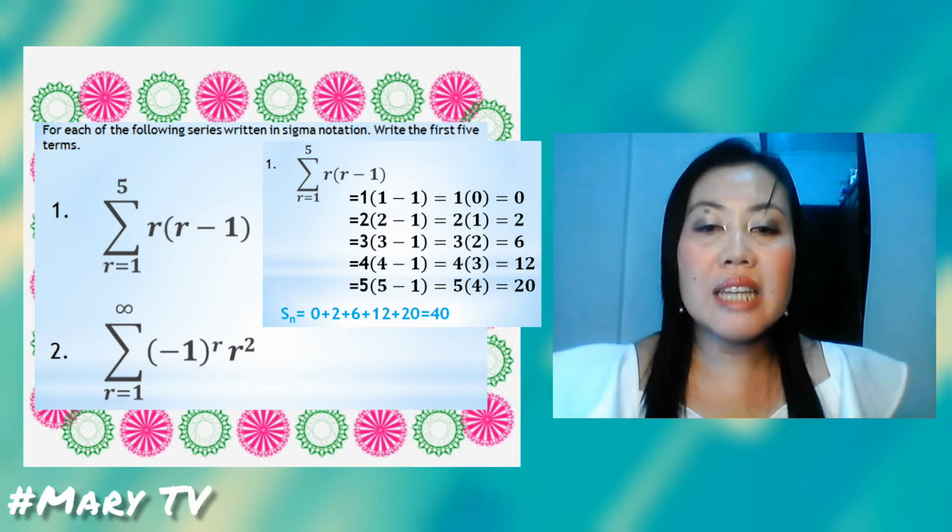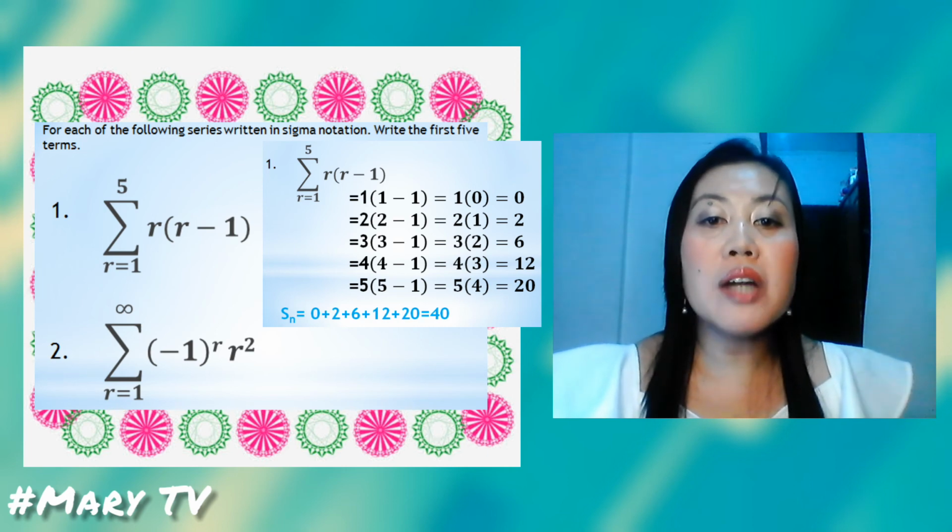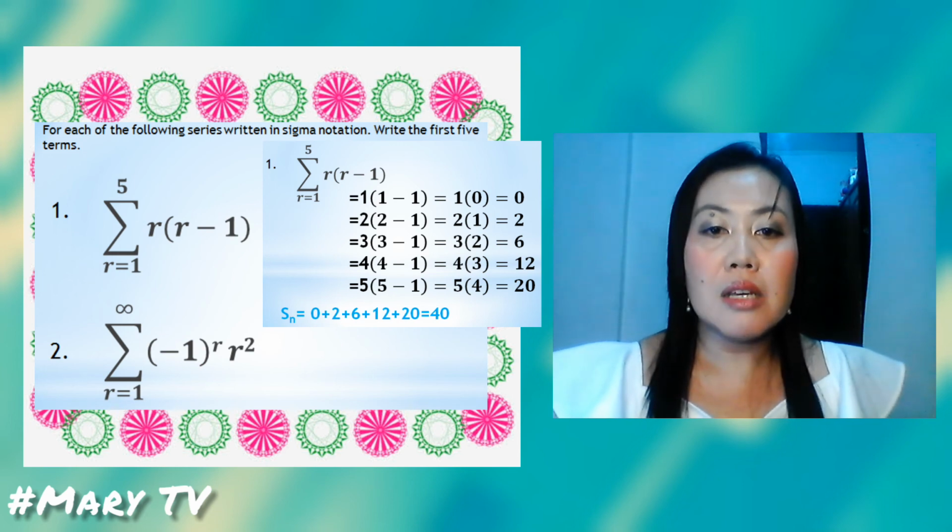In our second example, we are going to find the sum of negative 1 raised to r times r squared from r equals 1 to infinity. As you can see, there is an infinity symbol there, which means there is an infinite number of terms in the sequence.